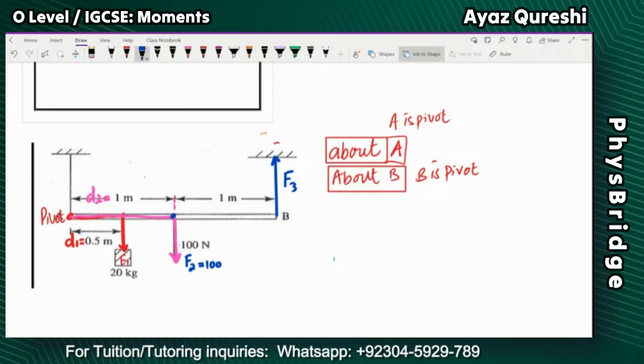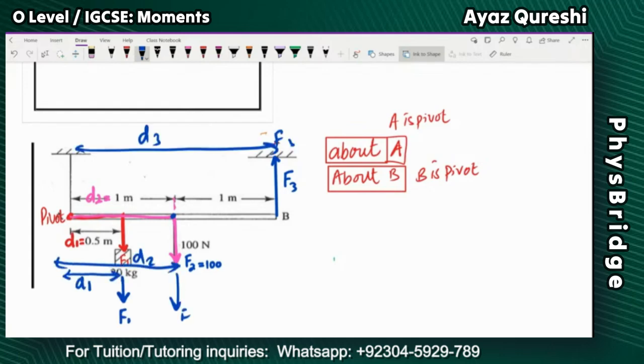If you are considering 20 kg, and you name it F1, then the distance to that force from the pivot will be considered D1. You will multiply the force and its distance from the pivot. That's it. Any force will be multiplied by the distance from the pivot to that point.